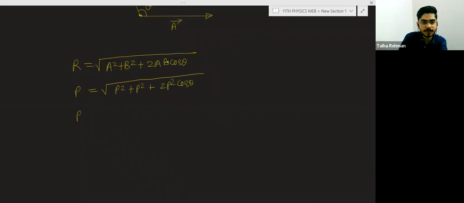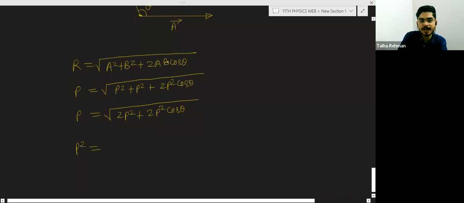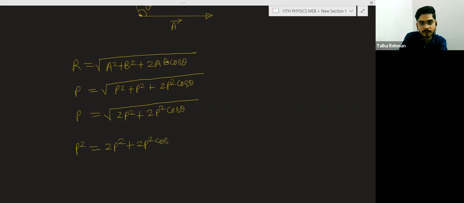So this will be P square plus P square, 2P square, and this will become 2P square cos theta. Now you will do the squaring on both sides. When you square, this becomes P square and the under root is removed. So this will become 2P square plus 2P square cos theta.